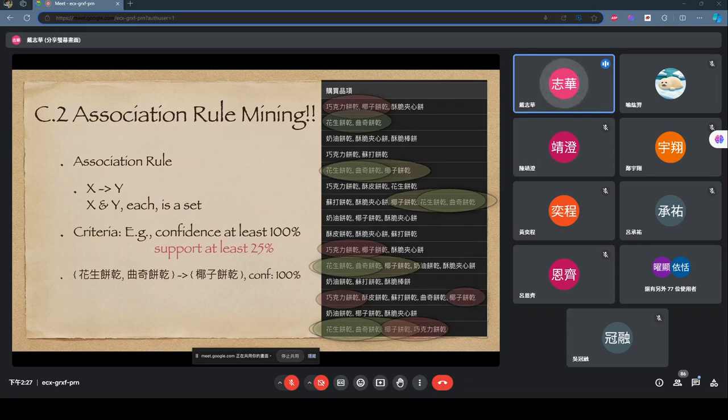So association rule cannot be covered by the correlation calculation.